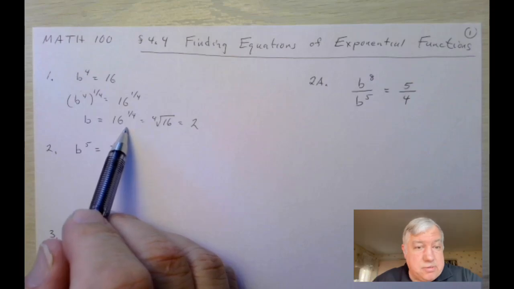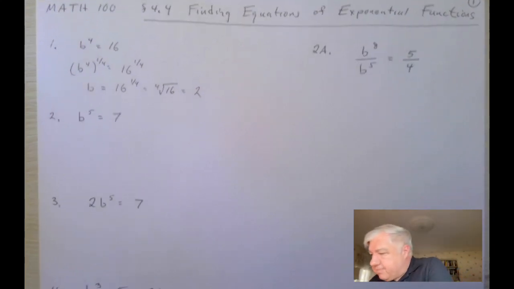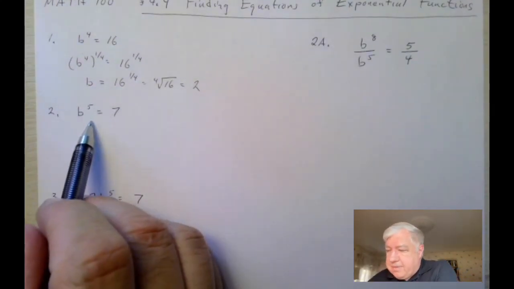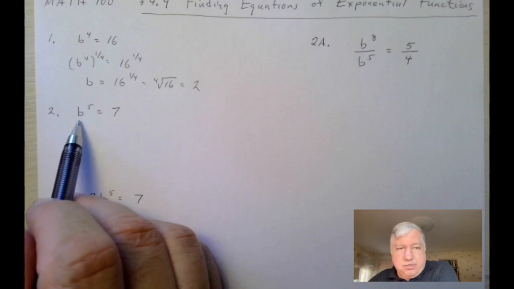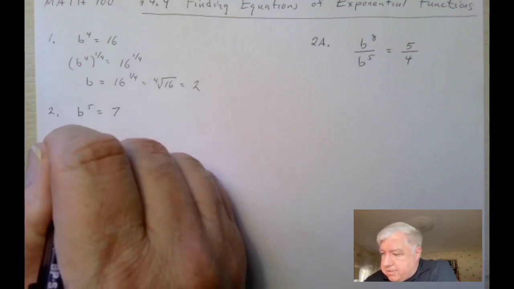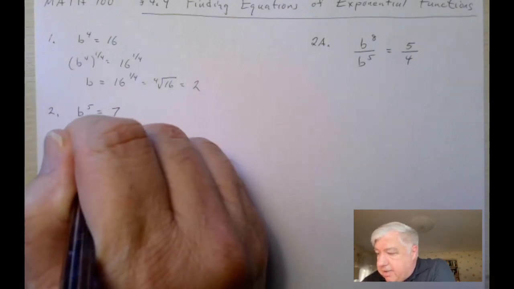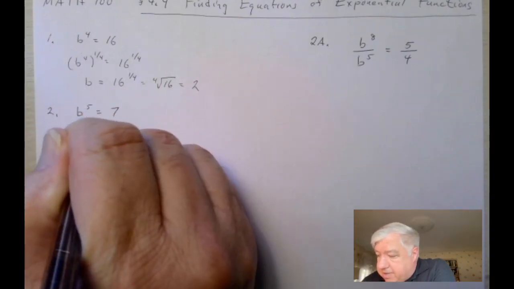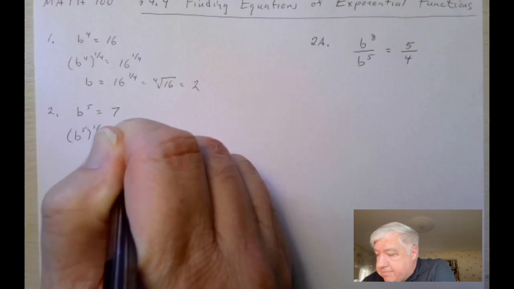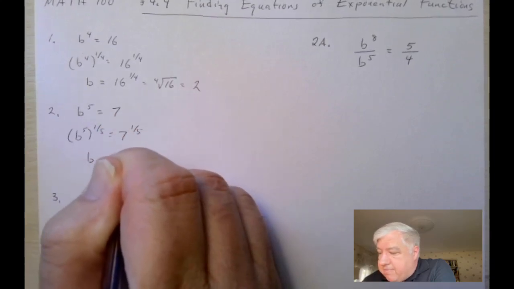But even if this number wasn't a nice round integer, we can still find this on our calculator. In fact, we can raise any positive number we want to any exponent we want. So, like b to the fifth equals 7, there's no nice integer that if you raise it to the 5th power you get 7, but you could still raise both sides to the 1/5 power, and then you get b is 7 to the 1/5.